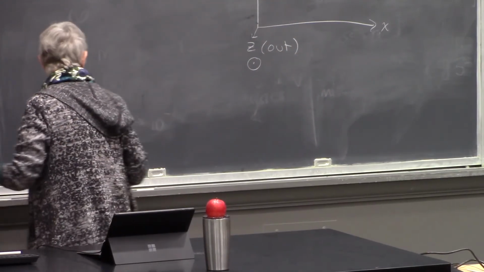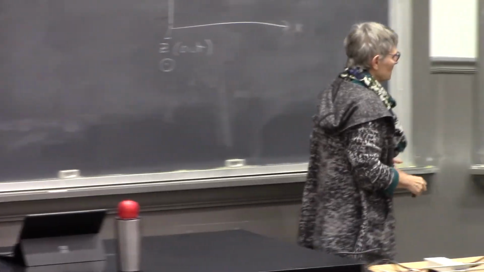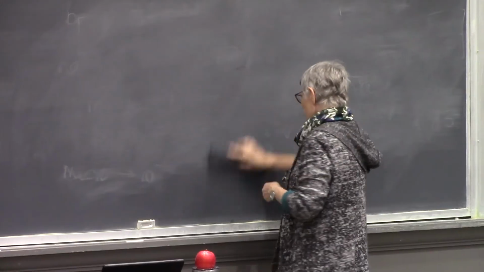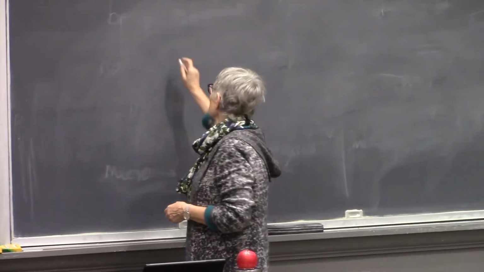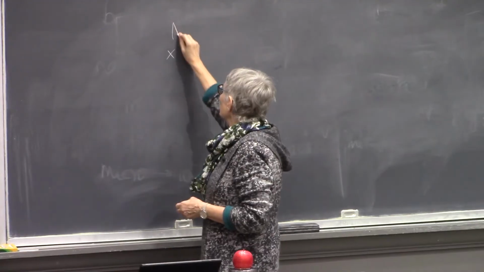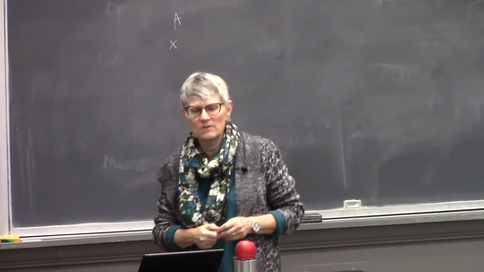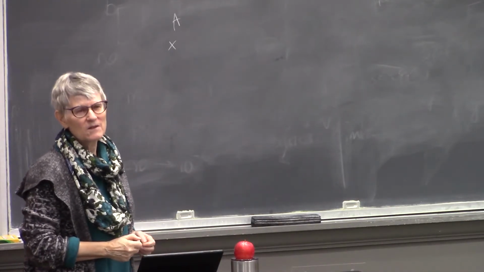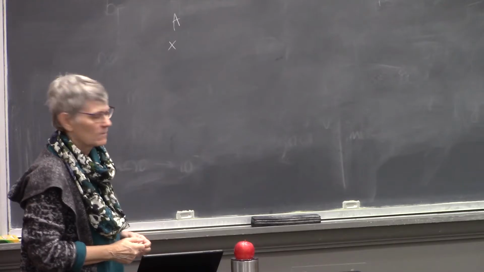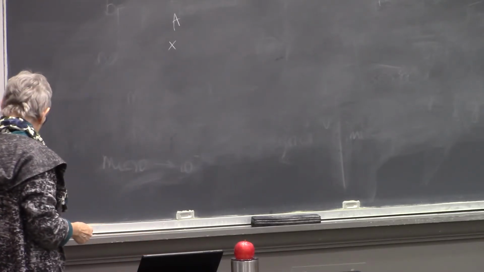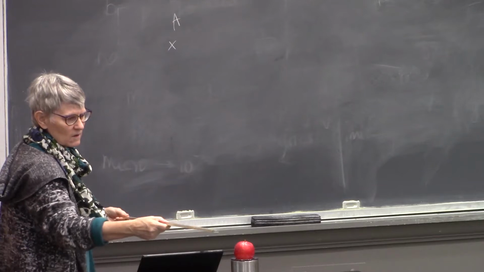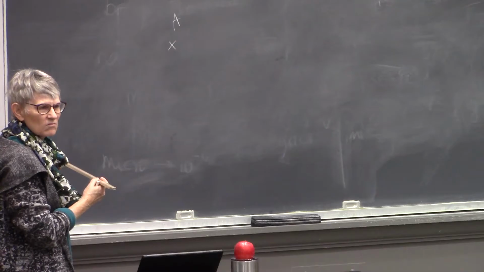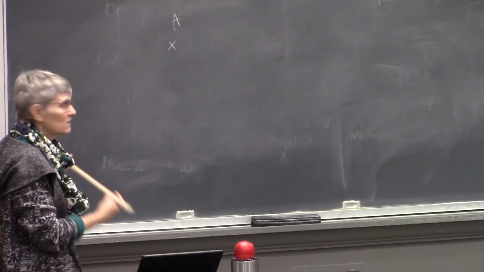And so a location, say here, location A in our coordinate system would be, what do you think that is? So what are these coordinates? So the x-coordinate would be 1 meter, approximately.